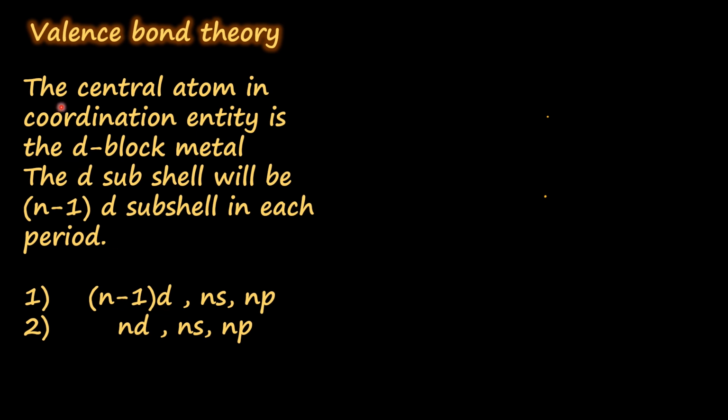As you know, the central atom in the coordination entity is the d block metal. The number of the period is noted by the letter n and the d subshell will be n minus 1. That is, for the fourth period d block elements, their d subshell will be 3d, that is 4 minus 1.